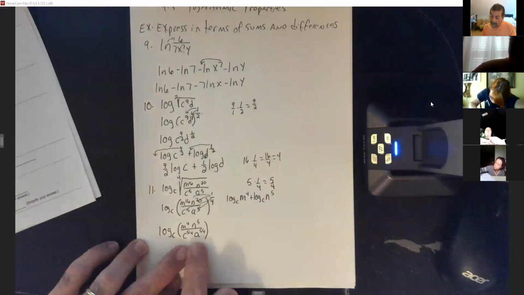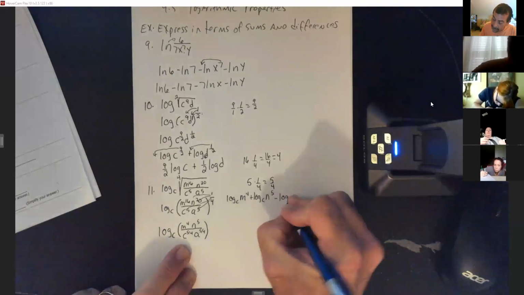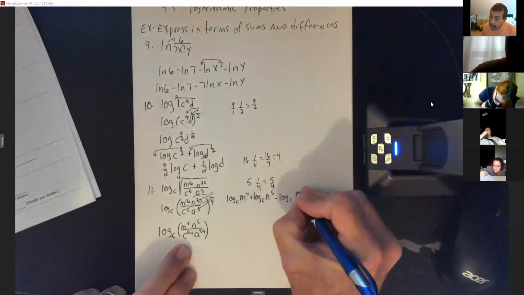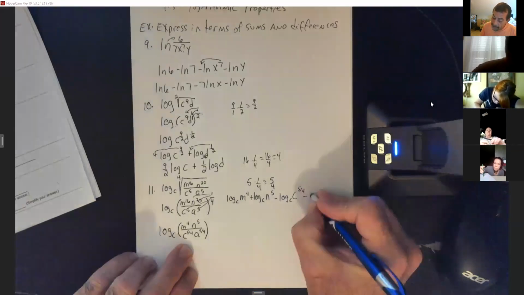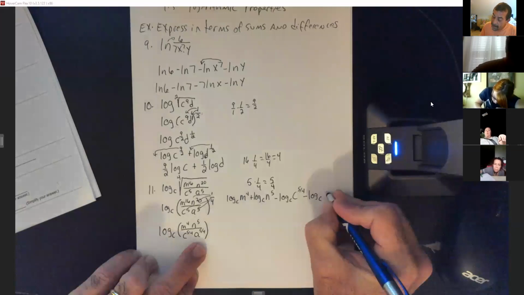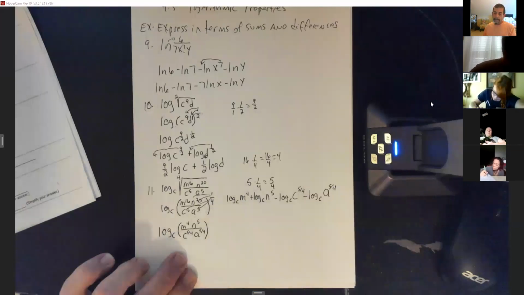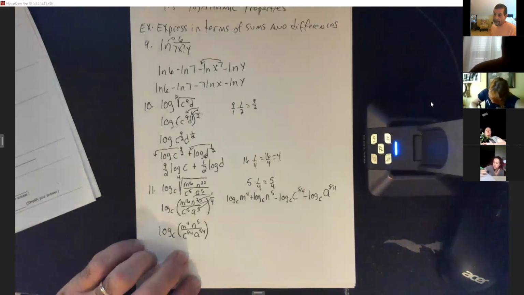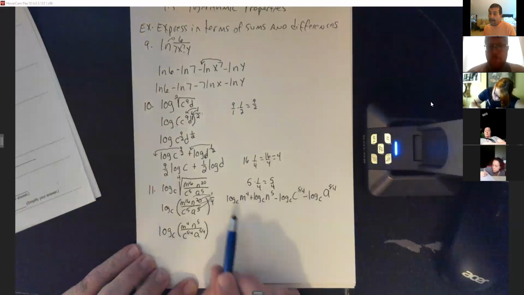Now, since the other two are on bottom, that's going to be minus a log C of C to the 5/4 minus log C of A to the 5/4. So that C was always little, and that's my little C is my base for my logs.